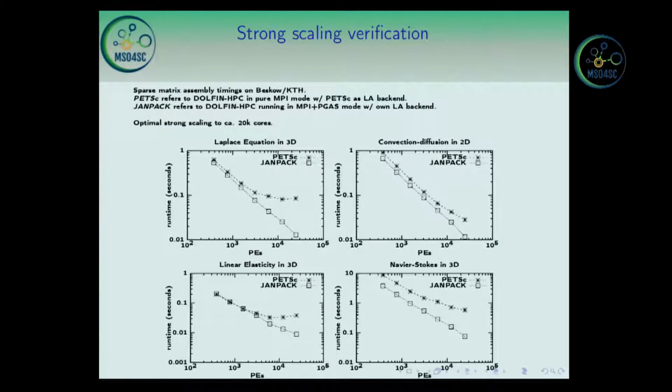As I said, mainly the work of Niclas Jansson, our colleague who is an expert in parallel computing, we have been able to show optimal scaling to about 20,000 cores, so we can efficiently use supercomputers.